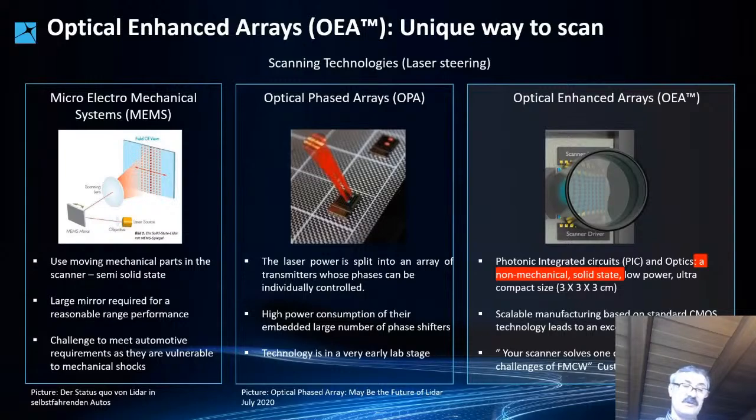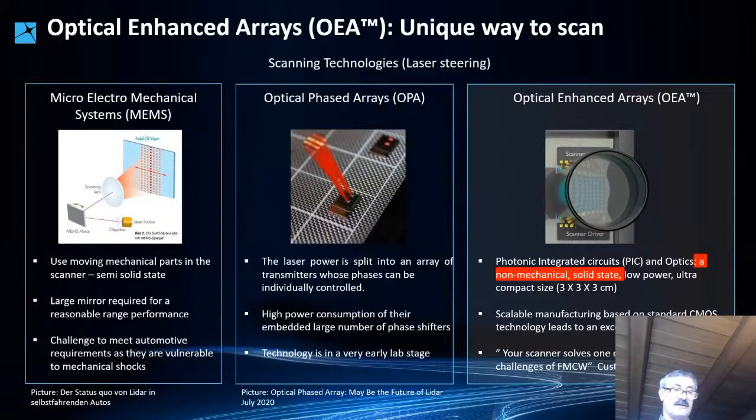Nothing is moved during the scanning process, but the electronic signal switches the aperture in the Fourier plane of the collimator. On the next slide, I show how a unidimensional scanning OEA is designed.